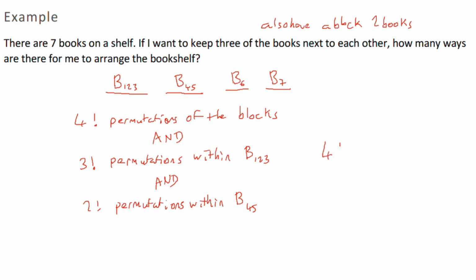So in total, we have 4 factorial times 3 factorial times 2 factorial, which is equal to 288. So 288 ways to approach that.